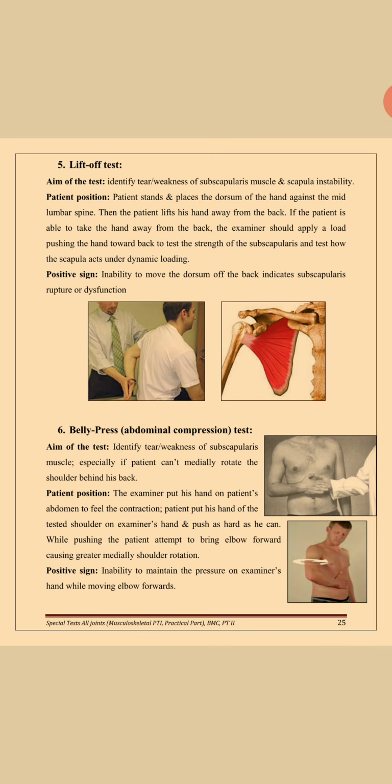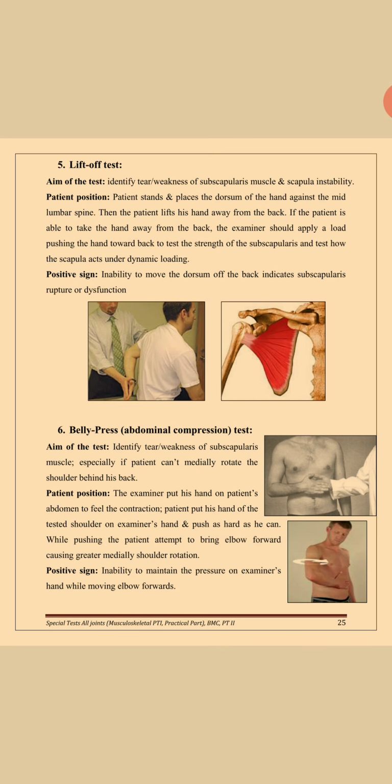If the patient is able to take the hand away from the back, the examiner should apply a load pushing the hand toward the back to test the strength of the subscapularis and test how the scapula acts under dynamic loading. Positive sign: inability to move the dorsum of the hand off the back indicates subscapularis rupture or dysfunction.